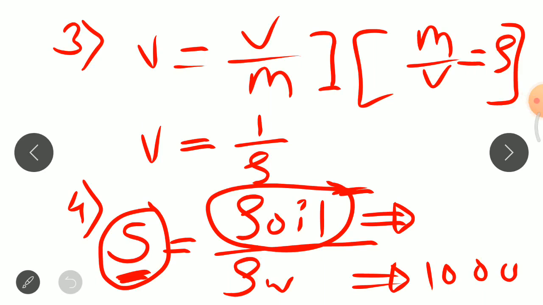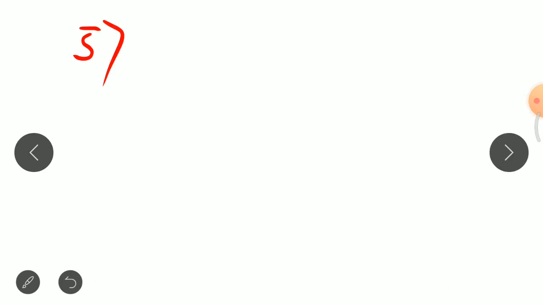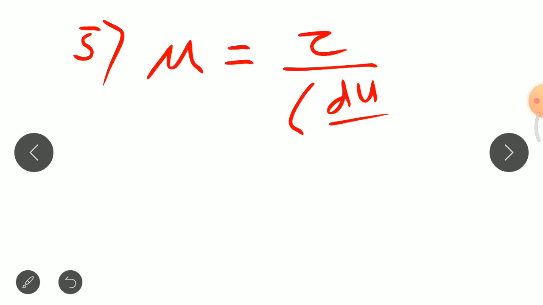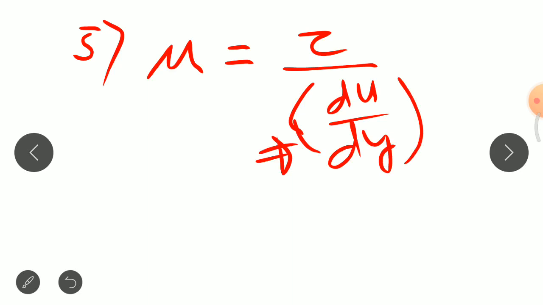Now the next formula is viscosity. In viscosity we have two different formulas. First one is dynamic viscosity, and the formula for that is nu is equal to tau divided by du upon dy, and this term is known as velocity gradient, and the unit of dynamic viscosity is Newton second per meter square.